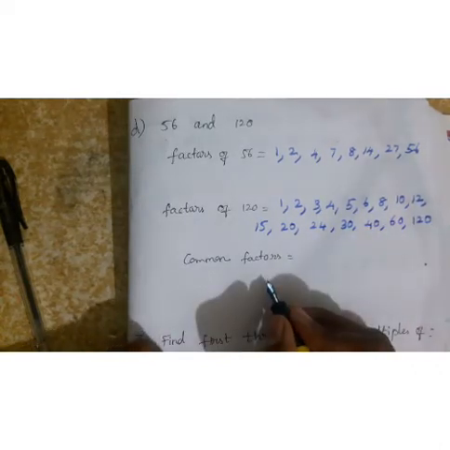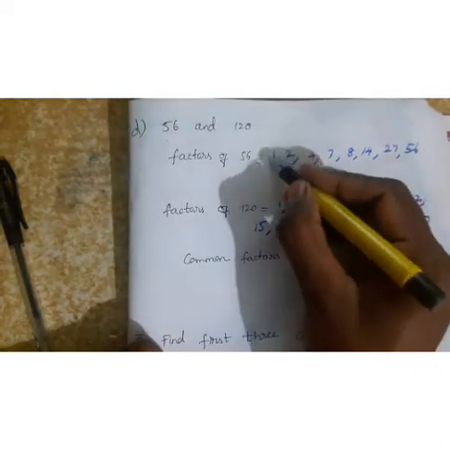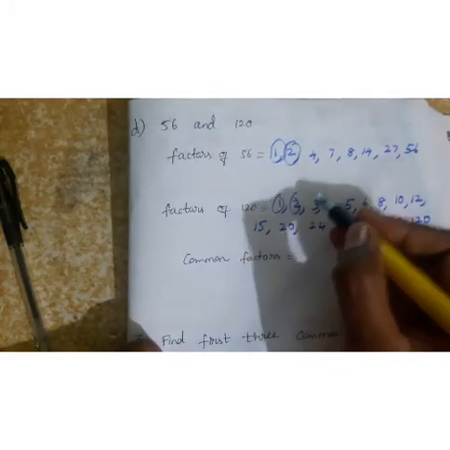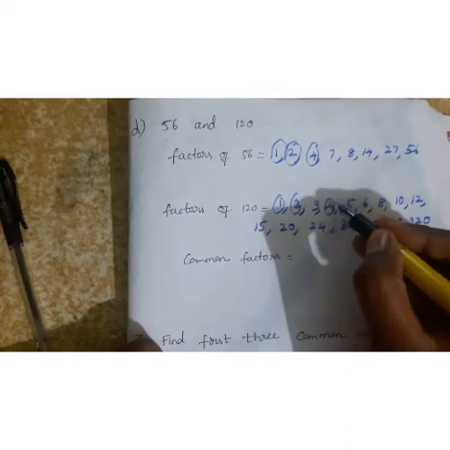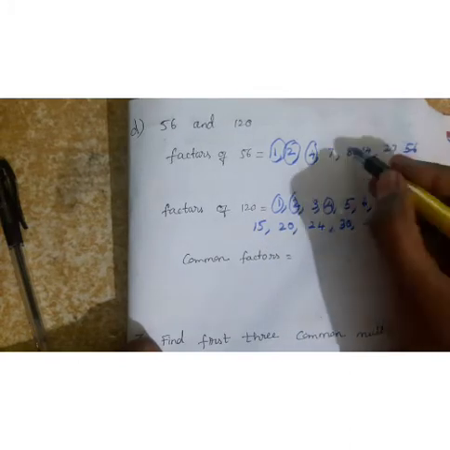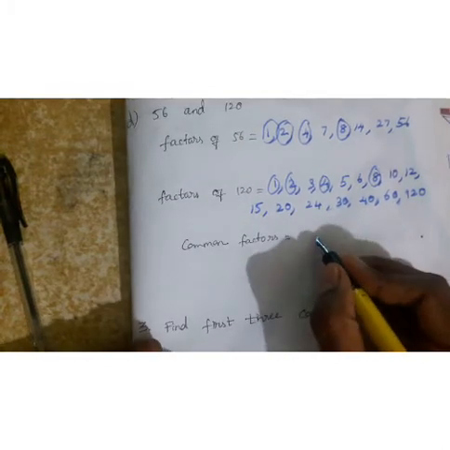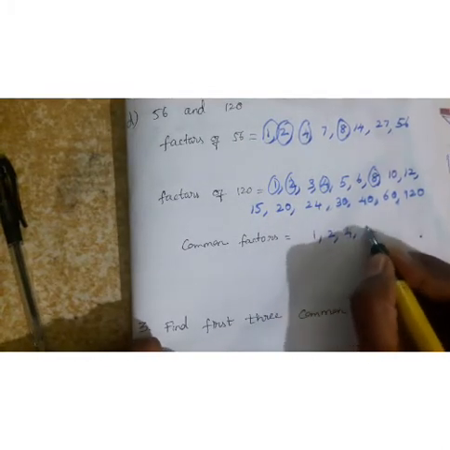So the common factors are 1, 2, 4 and 8.